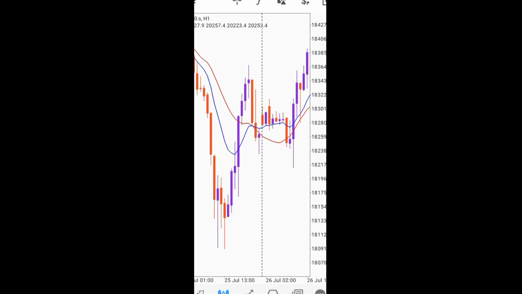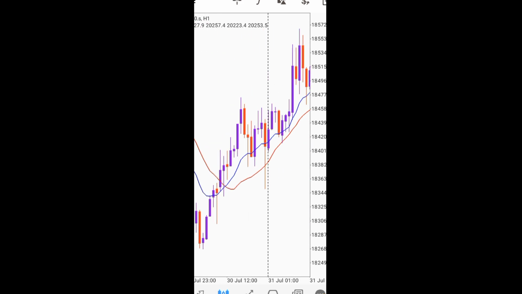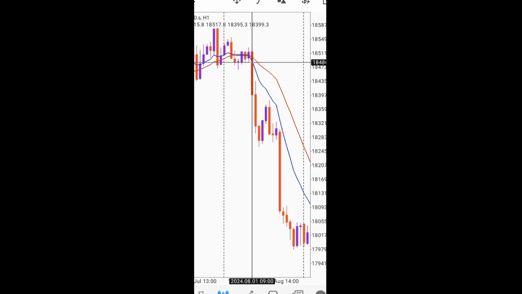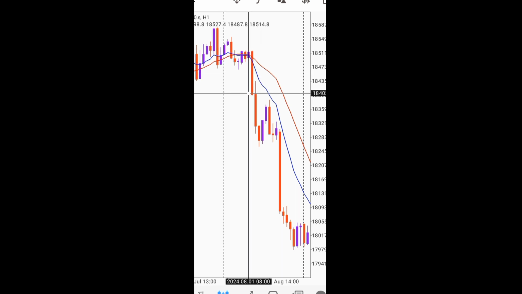So that's it. Let's find a selling opportunity. Like we can see in this area here, we have a buying candlestick and this is a selling candlestick. As you can see, the selling candlestick is bigger than the buying candlestick. Hence, when price crosses the opening of this candlestick from this area here, I will sell all the way down.